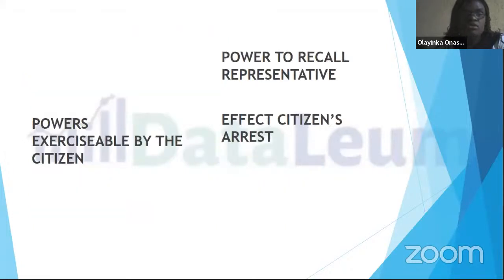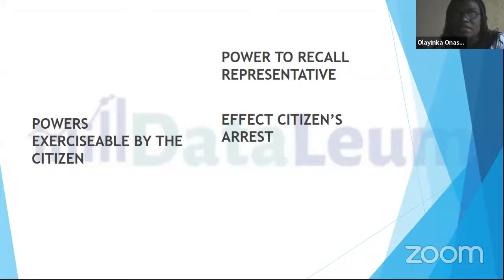We move on to powers exercisable by the citizen. I said power to recall representatives, and effect citizens' arrest. So House of Assembly members are not there at large. The citizen can recall them. If your representative is not acting properly, if he's not following your opinion, say you're in Lagos East or Lagos West, your senator at the federal level, or your representative at the State House of Assembly is going there to serve his own personal gains and is not watching out for you, then what you do is recall him.